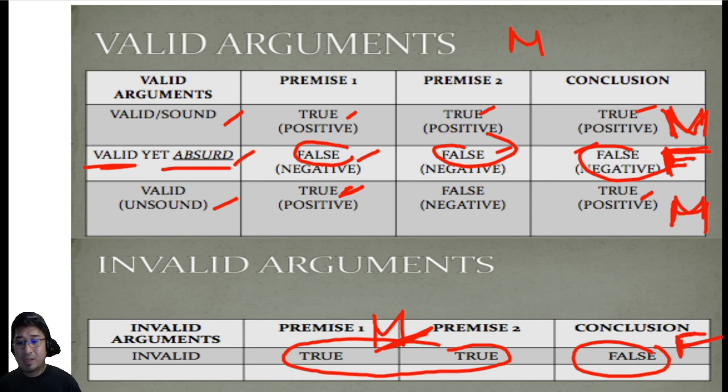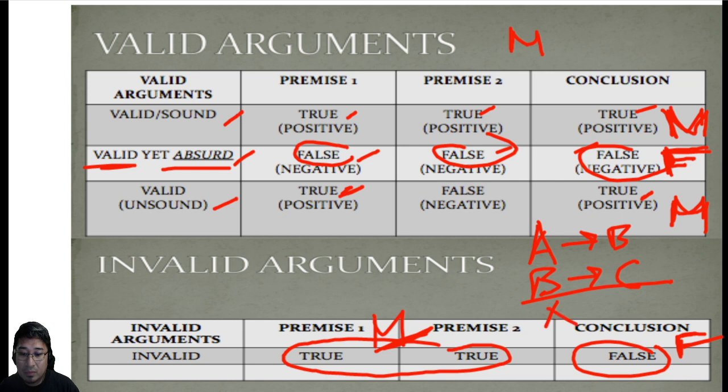So, let's check your seat work. Don't forget to follow the rule of syllogism. Pag sinabi nating, for example, A is B, tapos B is C, anong conclusion natin dito? What's our conclusion now? So, let's follow the rule of syllogism and then inference.